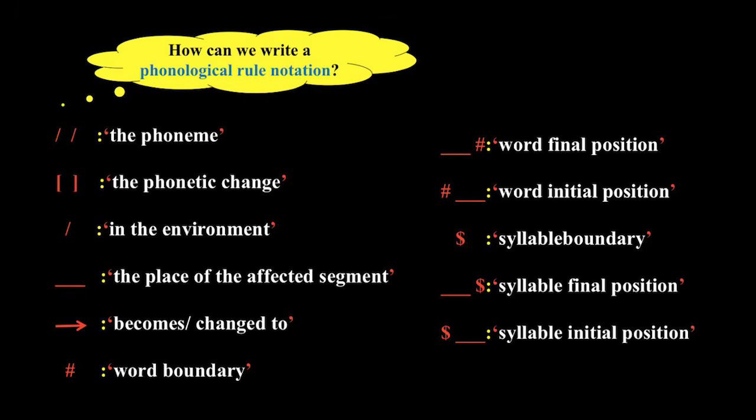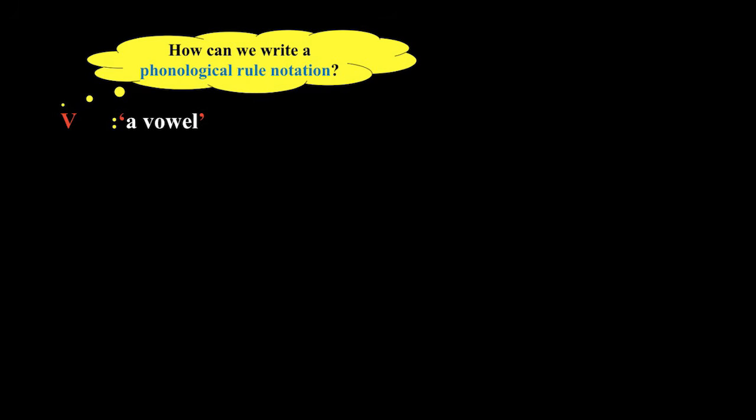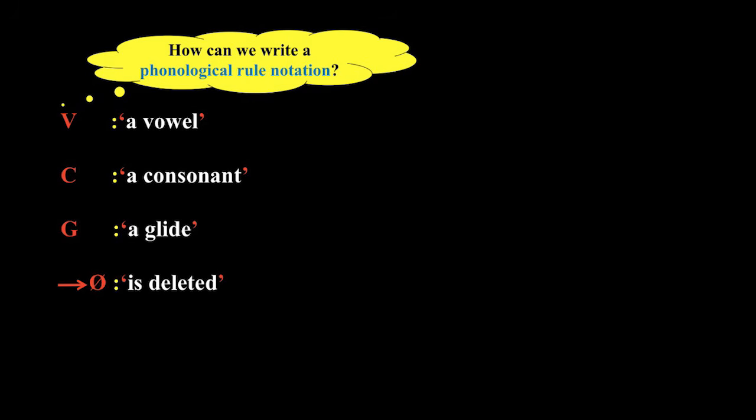Also, if you want to write a phonological rule notation, we use the capital V to refer to a vowel, and we use the capital C to signify a consonant, and we use also the capital G to refer to a glide. Also, to write a phonological rule notation, we can use the null symbol.